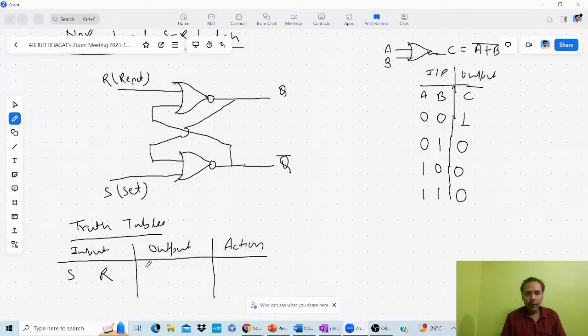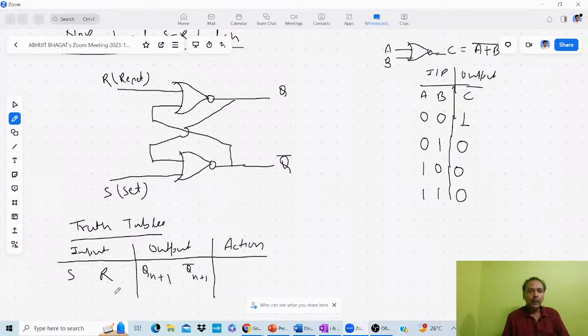So your output will be Qn plus 1 and Qn plus 1 bar. This is the same as this Q and Q bar. Suppose at time n you are applying the input and you will get the output at time n plus 1. So Qn plus 1 means you are getting the output after applying the inputs.